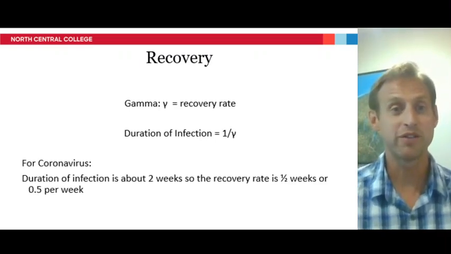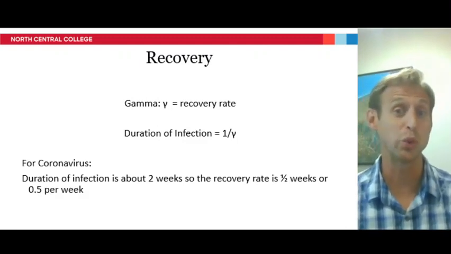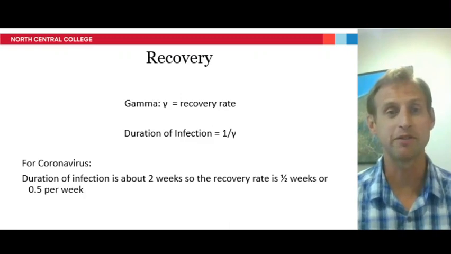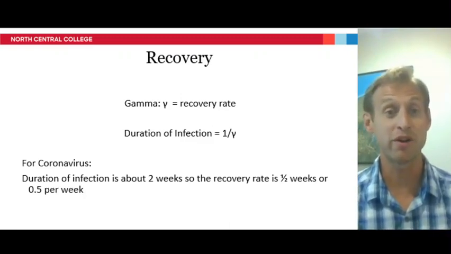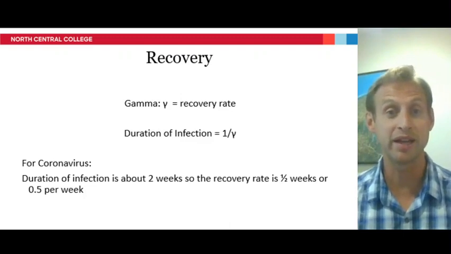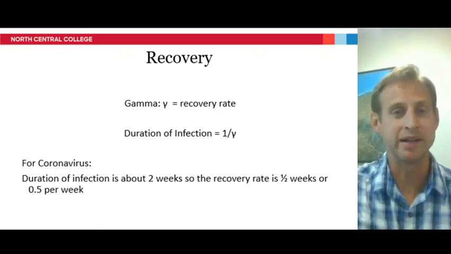And so in order to figure that out, say for coronavirus, we know that people are sick for about 2 weeks. This varies a little bit from person to person, but on average it's around 2 weeks. And so in order to figure out what the recovery rate is, we do 1 over 2 weeks, or 0.5 per week. And this is the estimate that I'm going to use in my model a little bit later on.